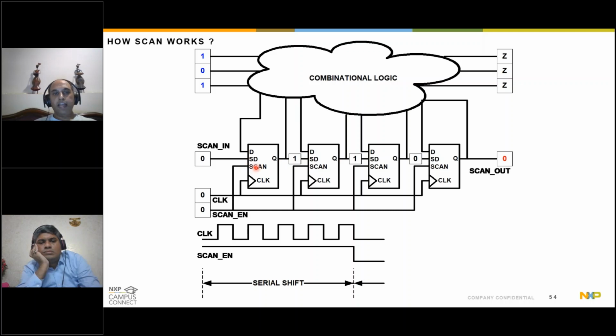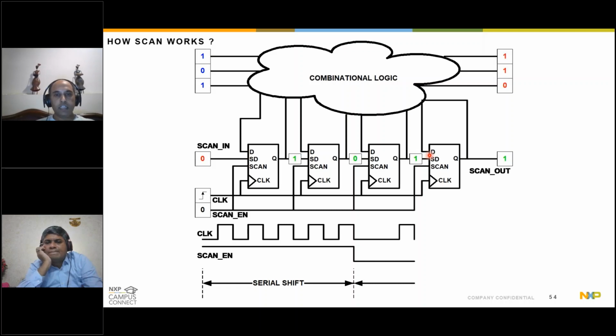Now this combo logic evaluates its state based on the desired values deposited in those sequential elements, and if there is a faulty circuit somewhere in this combo cloud, that particular node will not give the desired value, and that value now shows up on the D input of these flops.